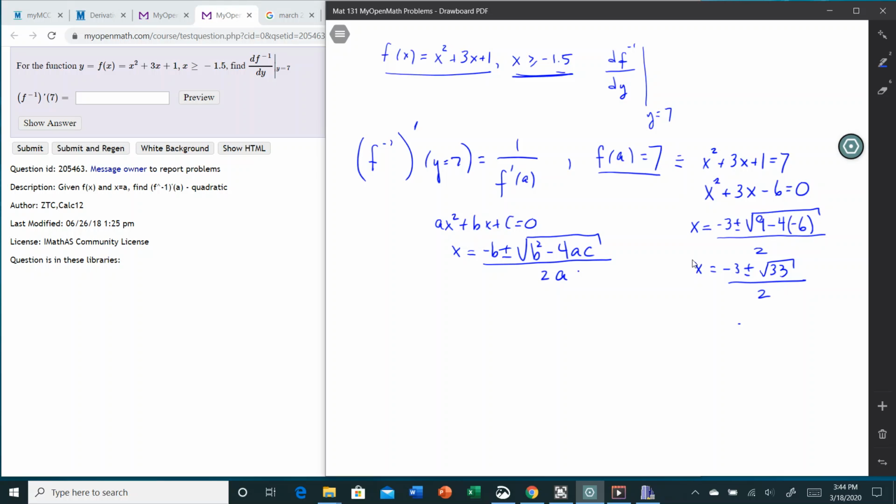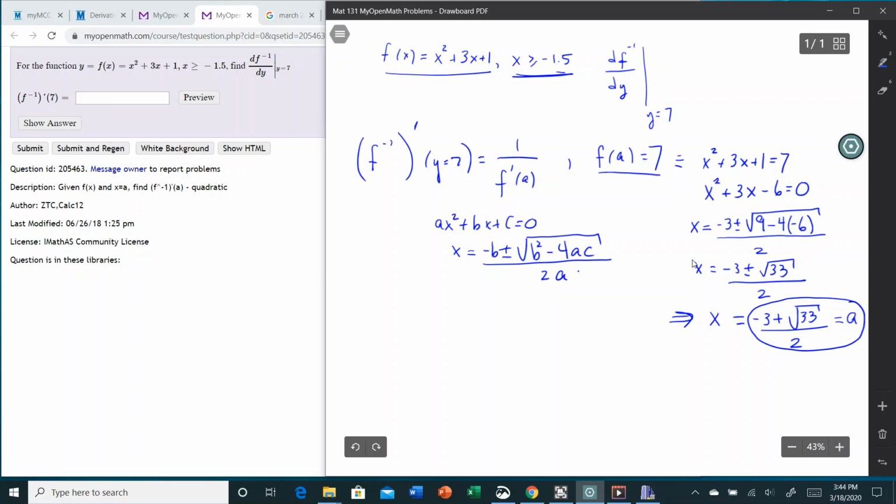Now, one of these is positive and one of these is negative. We need x to be larger than negative 1.5. So because of that condition, we're going to choose x equal to negative 3 plus the square root of 33 over 2. Okay, so that's our value. That's the value of a that we're going to use.